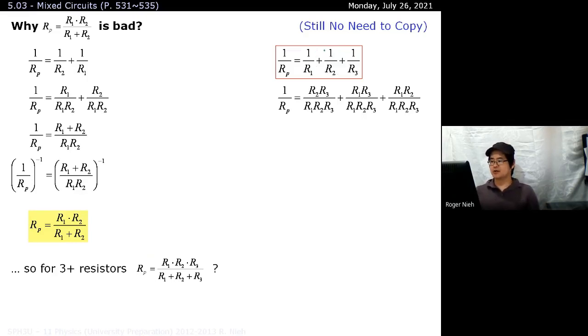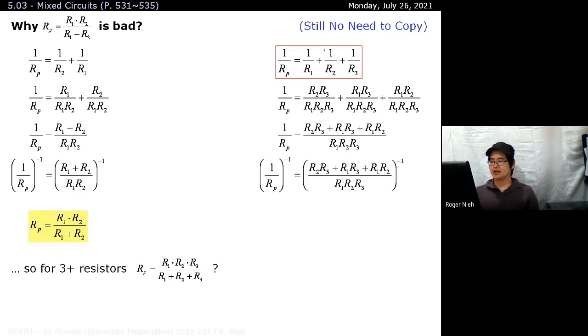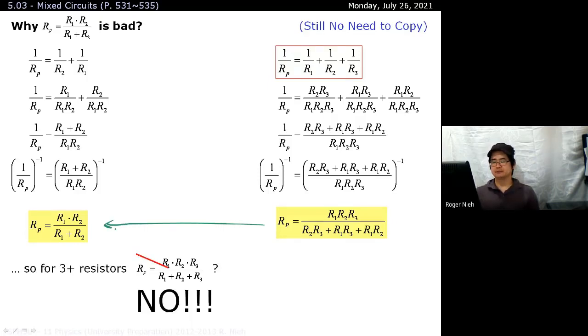So you're going to get a big, crazy looking thing that looks like this. Okay, 1 over RP is equal to R2 R3 over the same common denominator, plus R1 R3, same common denominator, plus R1 R2 over the same common denominator. Now you can add all the numerators together. And if you reciprocate it, this is the correct formula. And you can see that these two do not match up in pattern.